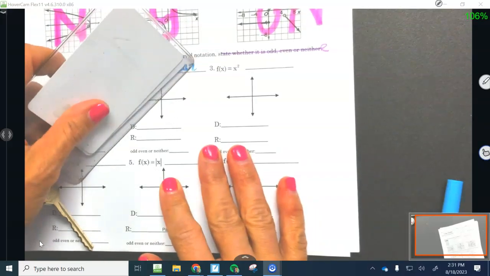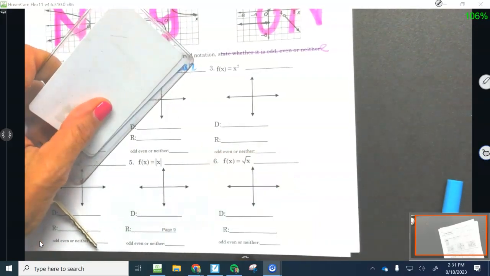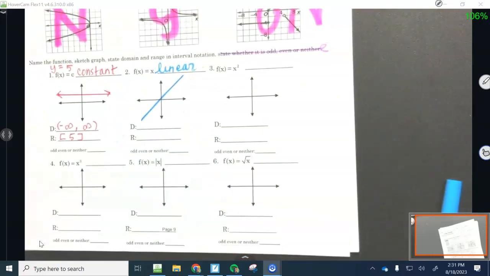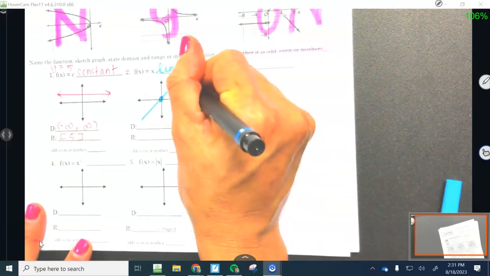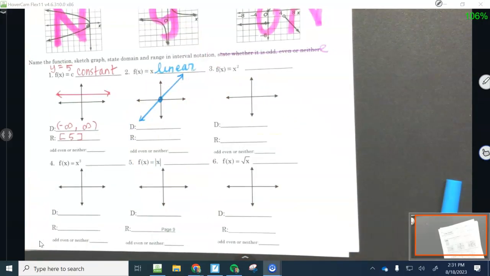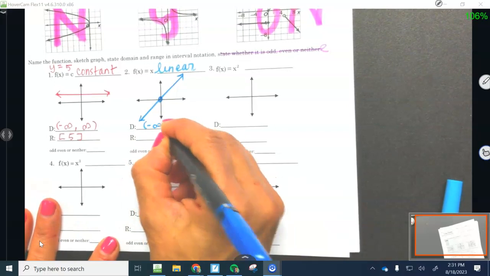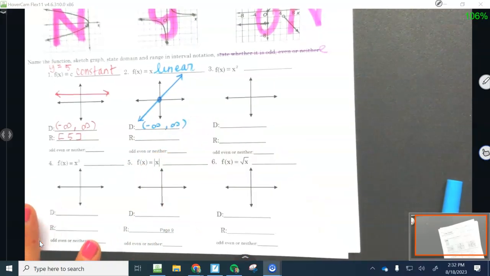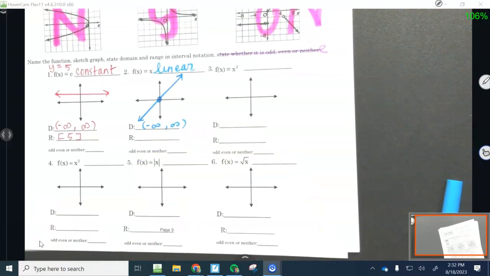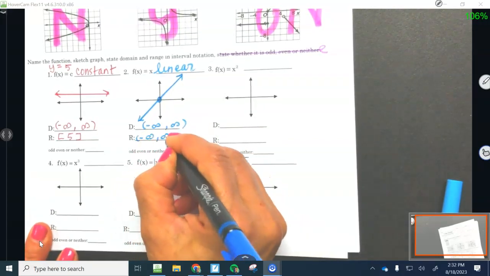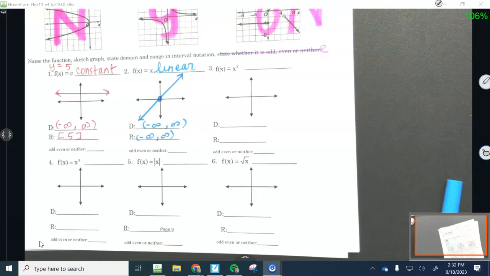So I'm just going to tilt this, draw my graph. There's my line. I'm going to draw 2 arrows. 2 arrows means 2 infinity symbols, so the domain is still all reals. What is the range? The same thing, all real numbers. Good job.